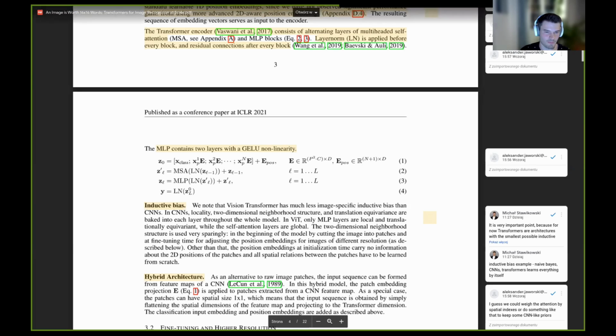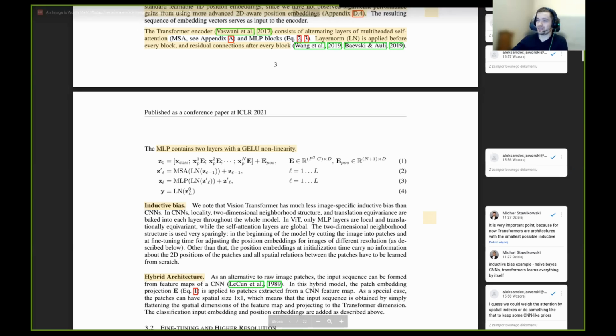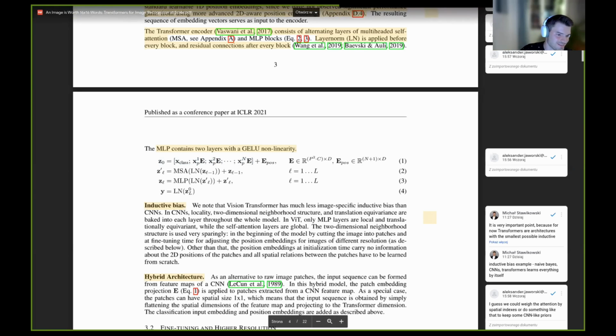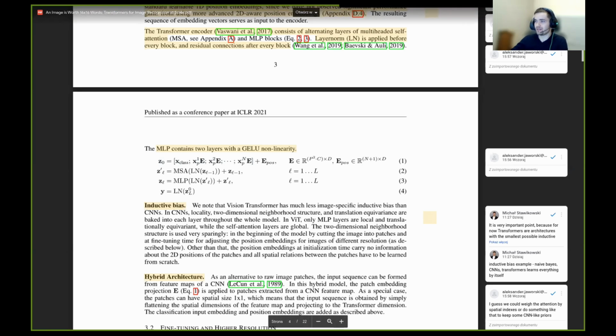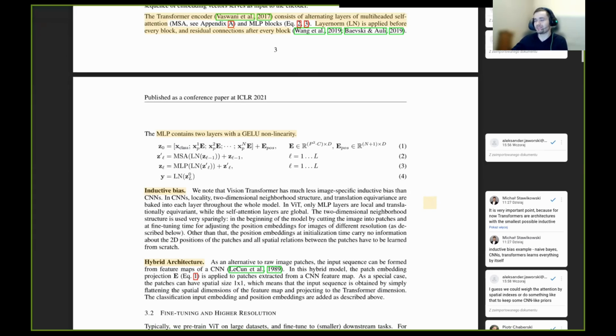You could literally implement it in NumPy or PyTorch: concat, and then you have E first, plus, and the dimensions agree, right? P squared times C, that's n. This is n+1, but then you have E multiplied by that, and you have +1 here. So the dimensions agree, and you add it up.